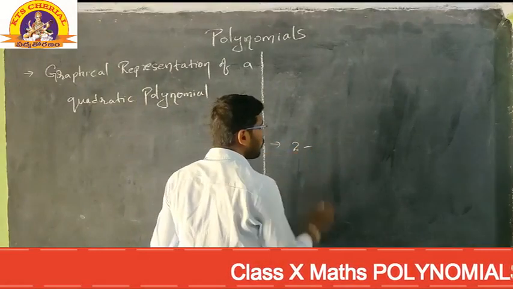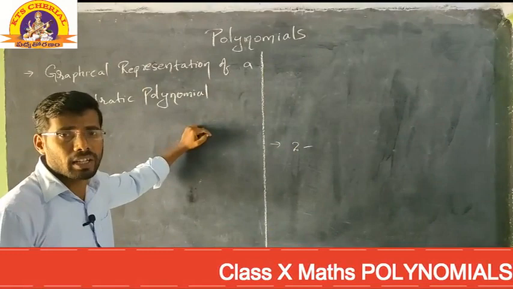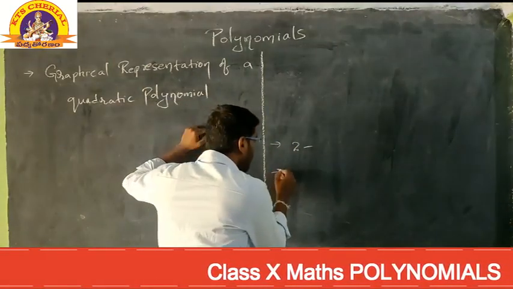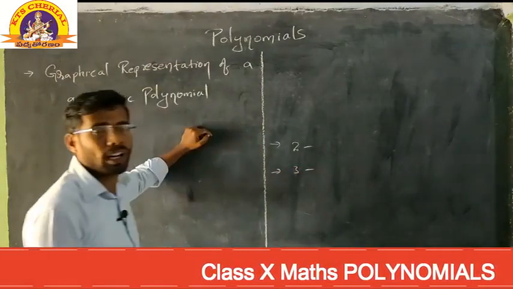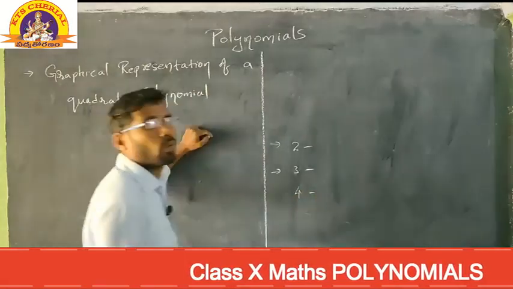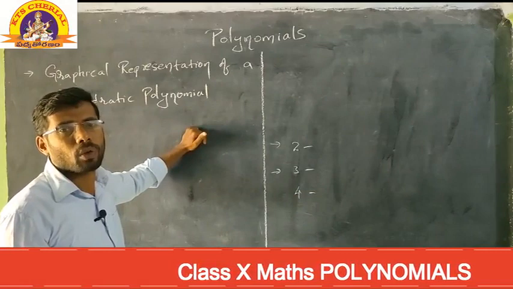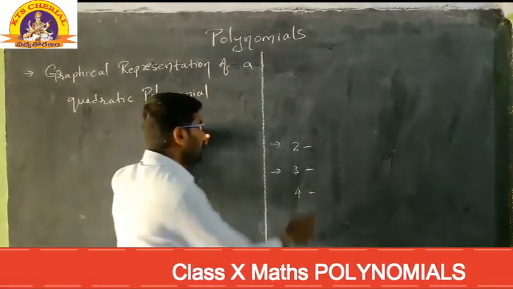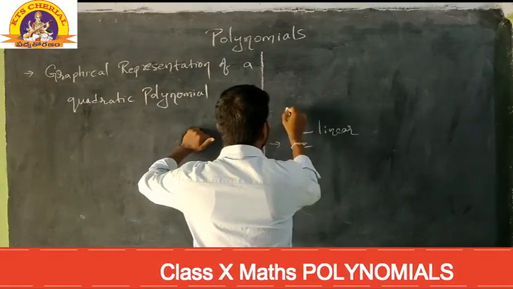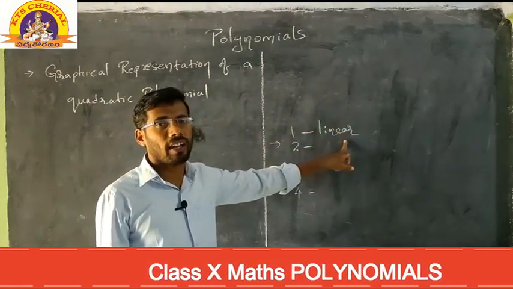If the degree is 2, we call it quadratic. A polynomial whose degree is 2 is called a quadratic polynomial. If the degree is 3, it is called a cubic polynomial. If the degree is 4, we call it biquadratic. If the degree is 1, we call it linear.